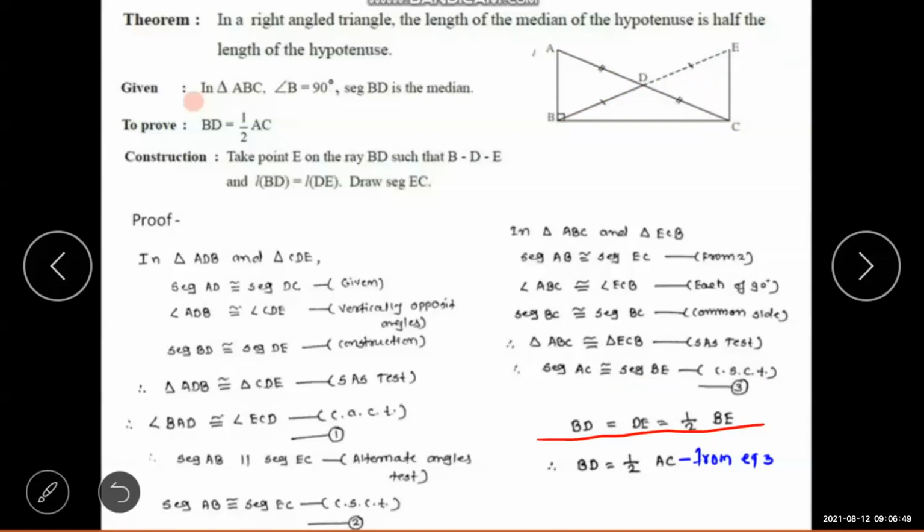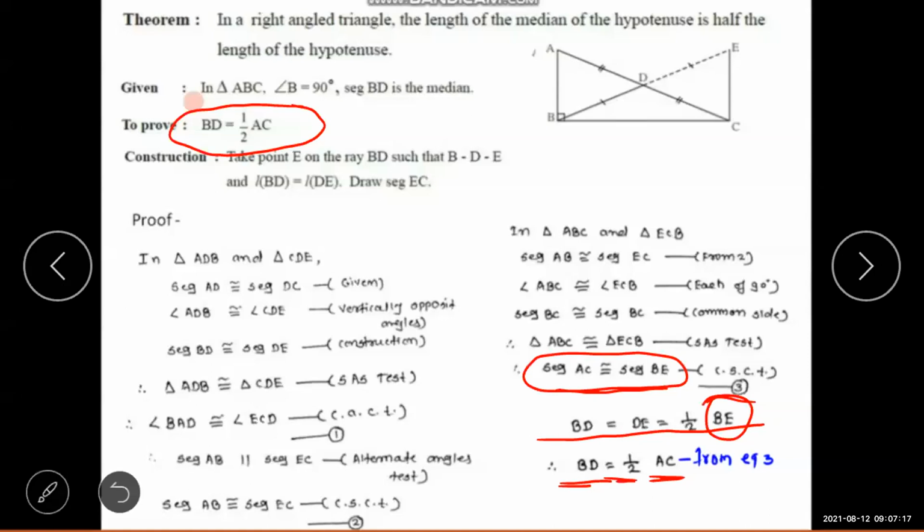Okay. And we have to prove that BD equal to half of AC. So I have taken here only segment BD equal to this half. And instead of BE, I can write AC, because BE equal to AC.